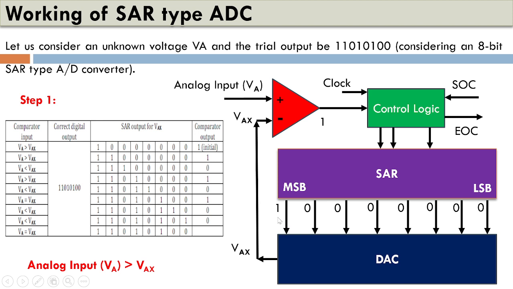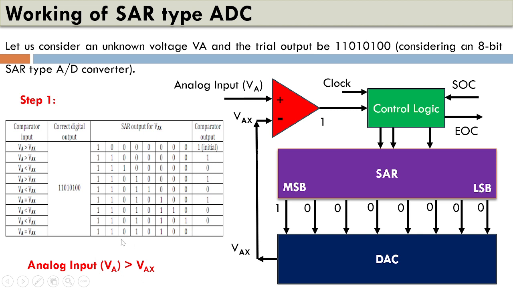Now you just have a look at this digital value with the trial digital value. The trial digital value is greater compared to this, so the voltage at the output of the DAC, that is Vax, will obviously be less than Va.